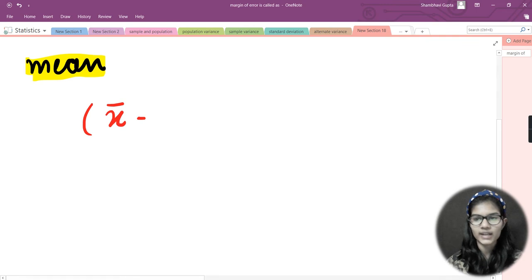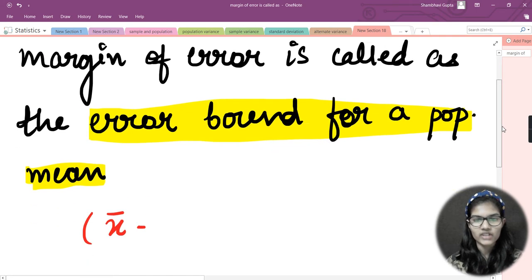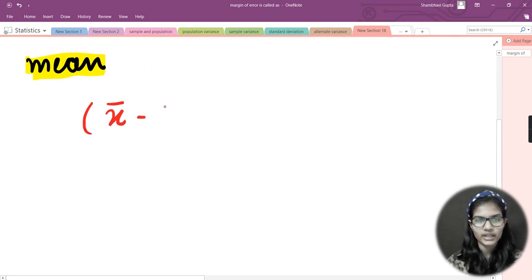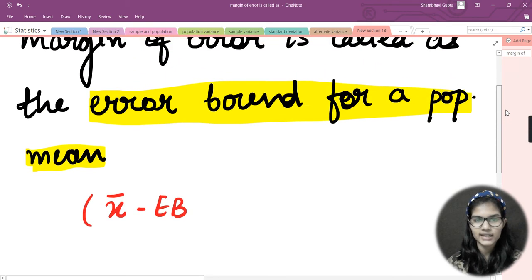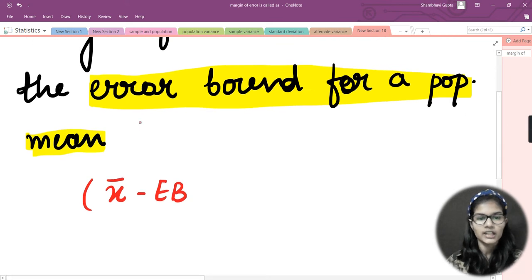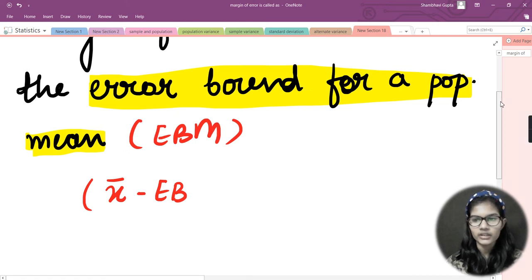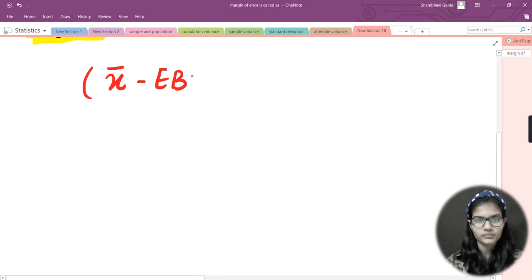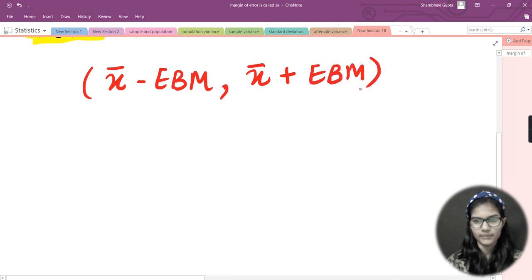That was minus, and that was actually the margin of error. So in place of margin of error, I can write the short form for error bound for a population mean. We can give it the short form, let's say, EBM. So here I can write EBM, comma, x bar plus EBM. Fine. So this is basically the short form of the form which we had seen previously, right?